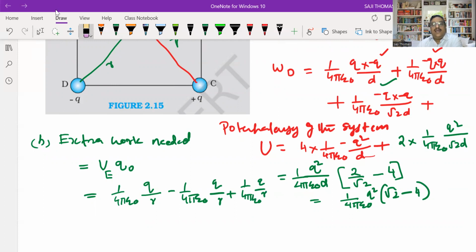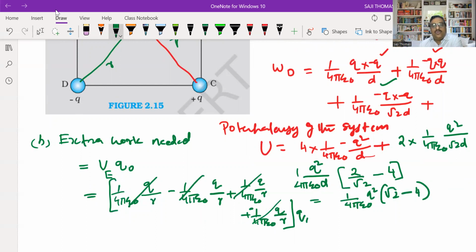plus potential at the point E due to the charge minus Q at D, 1 by 4 pi epsilon 0, minus Q by R. You can see that all these terms cancel out.